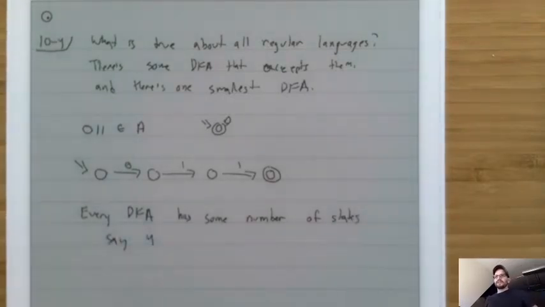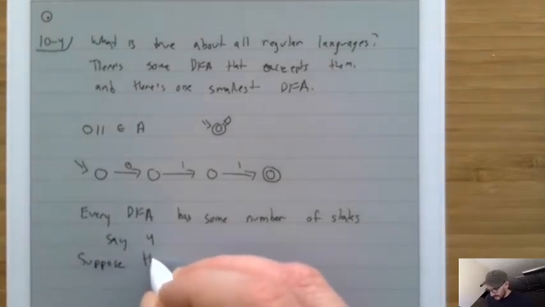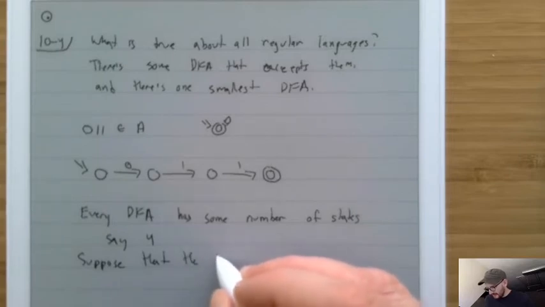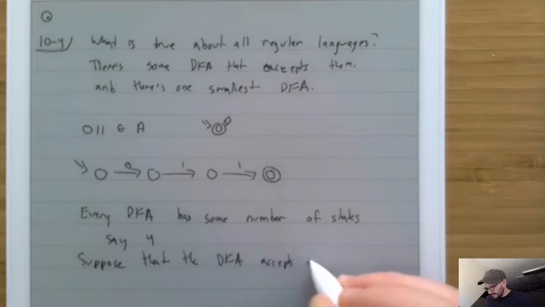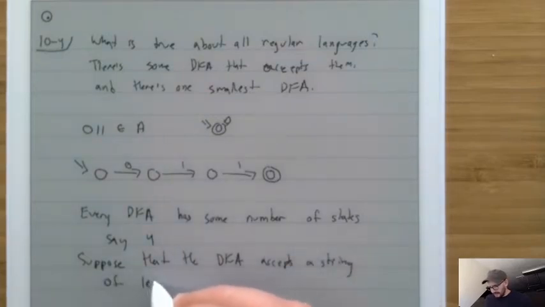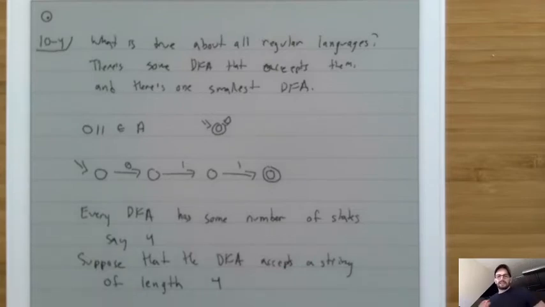Okay, so if it has 4 states, what does that tell you? Suppose that the DFA accepts a string of length 4. So the machine has 4 states, and it accepts a string of length 4. What does that tell you?